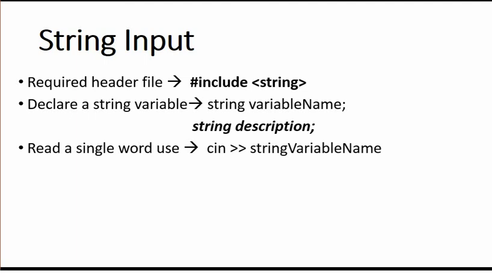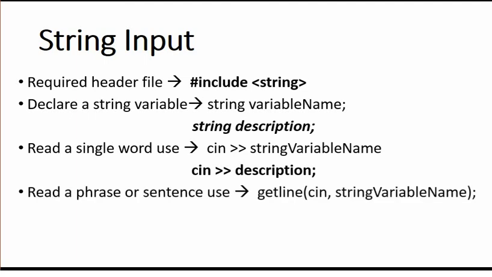Now, when you're reading a string from a keyboard, there are two rules of thumb. If you're reading in a single word, no spaces, you can use cin and the extraction operator, which is your right angle brackets. And here's an example of reading in a single word description.